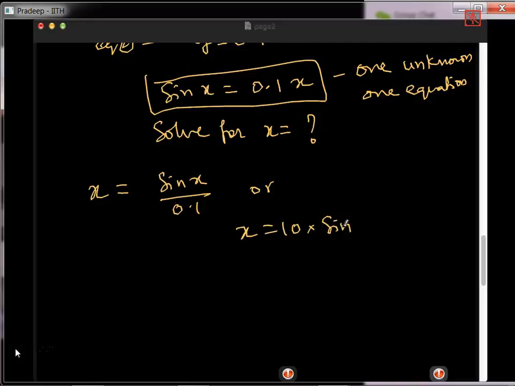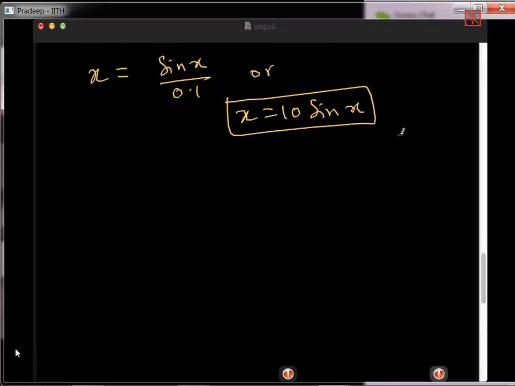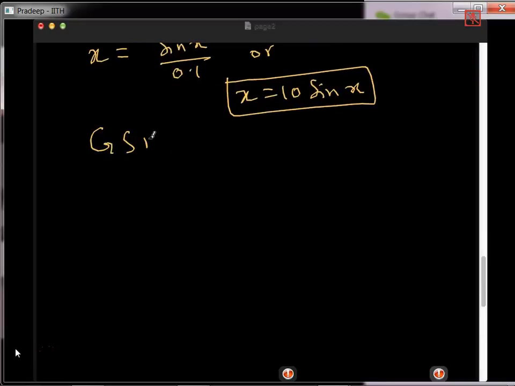This one you can solve iteratively. So what you do is the Gauss-Seidel method. Let x naught equal to 1.